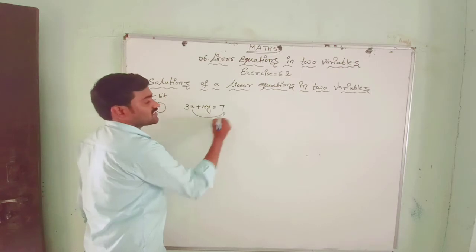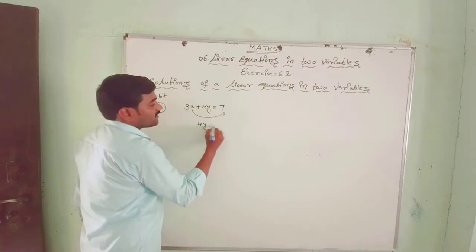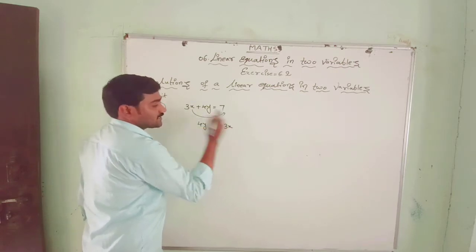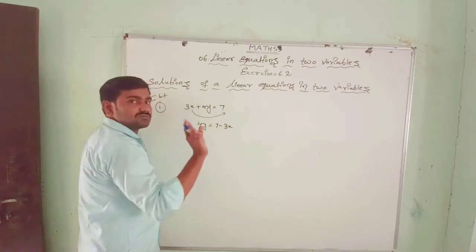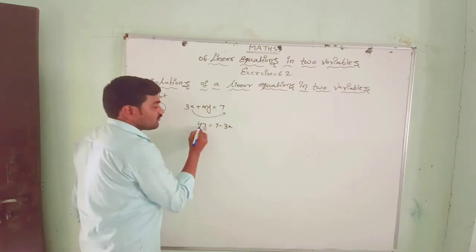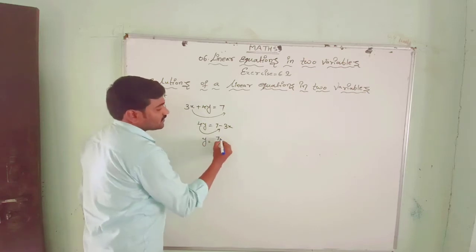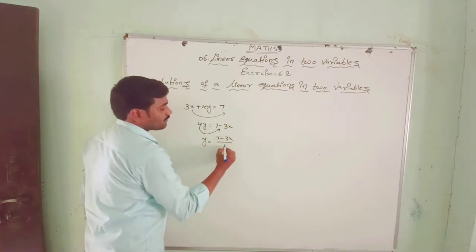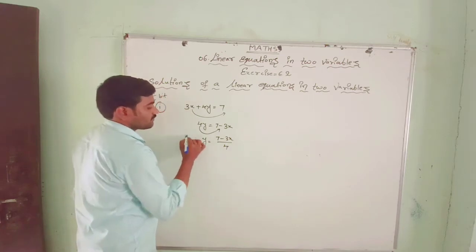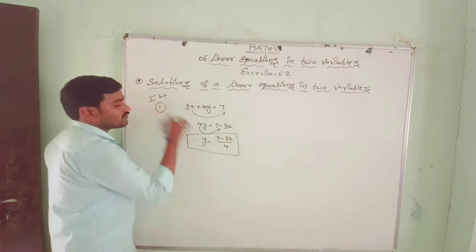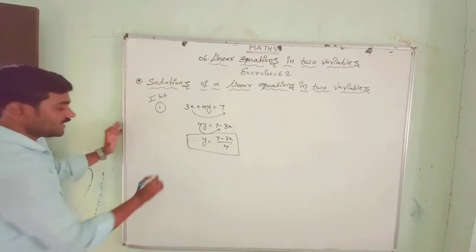The plus 3x transfers to this side, then 4y becomes 7 minus 3x. To make y alone, this 4 is multiplied to y, so it will be divided. So y equal to (7 minus 3x) by 4.